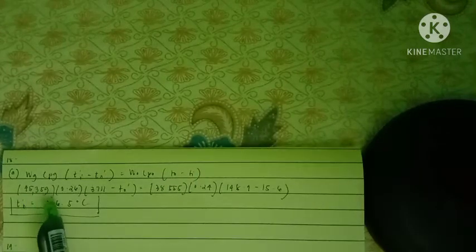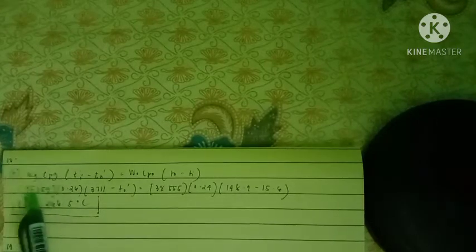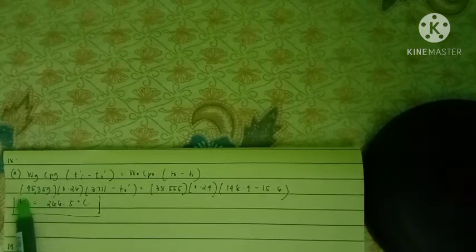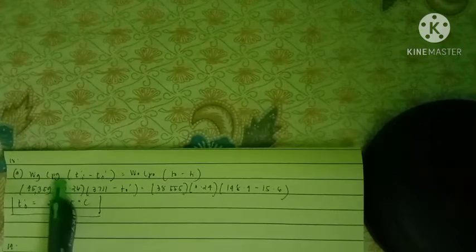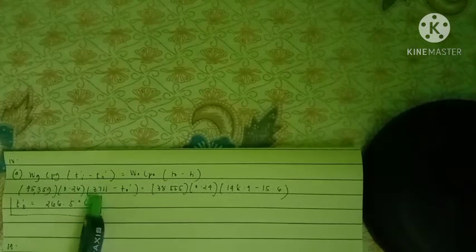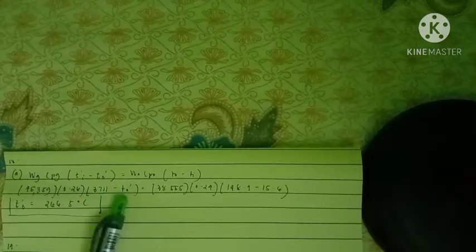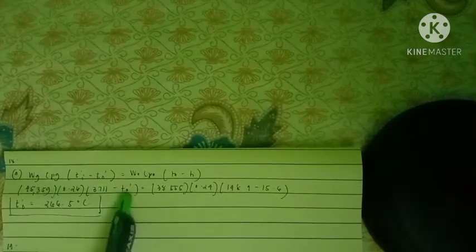From the problem, our W sub G is equal to 45,359, our C sub PG is 0.26, and our T prime sub I is equal to 371.1 minus our T sub O, which is our required.